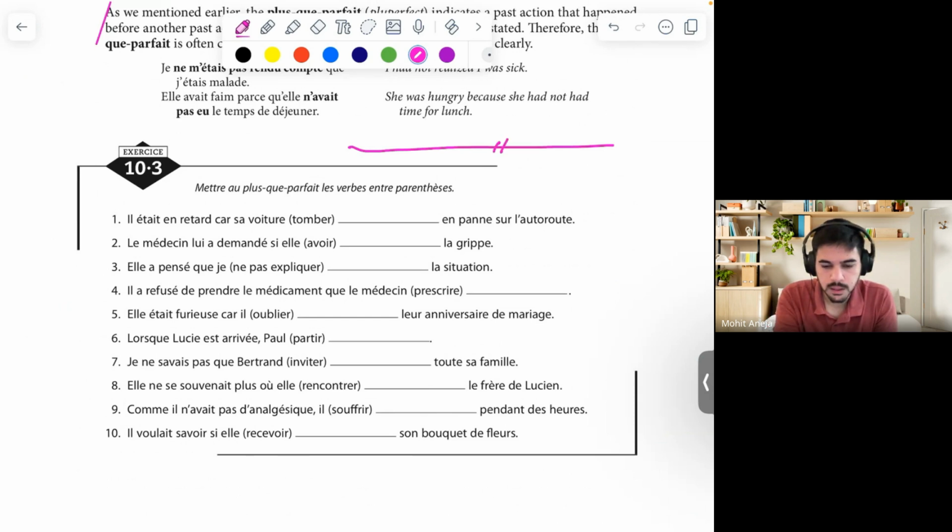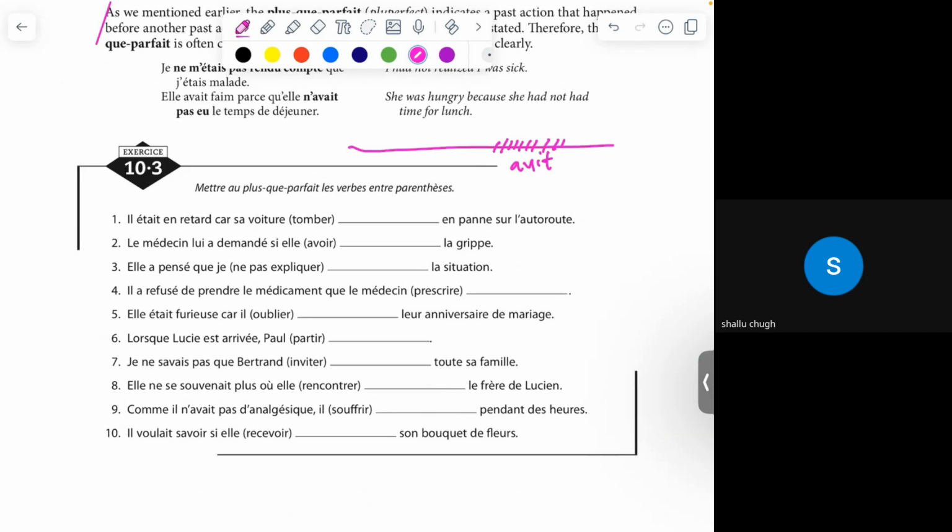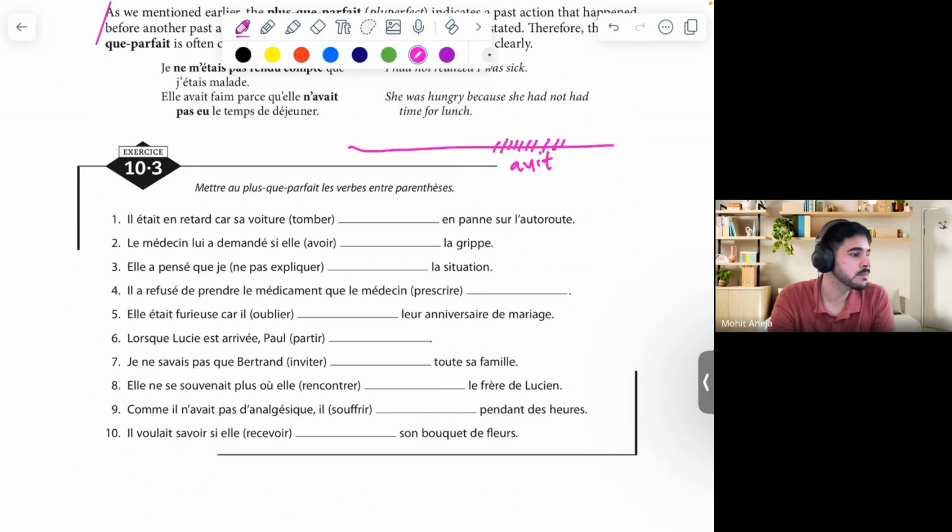अब देखो यहाँ पे elle avait faim का क्या मतलब होता है? She was hungry. अब देखो हंग्री है, क्या वो एक स्टेट ऑफ माइंड है? Aishwarya?